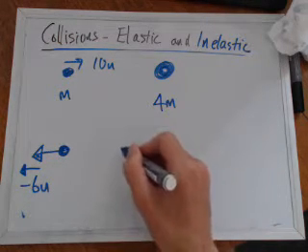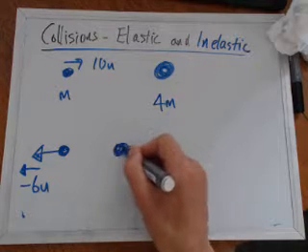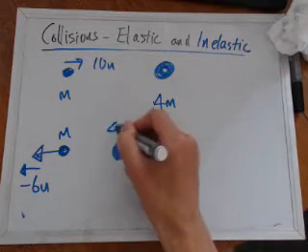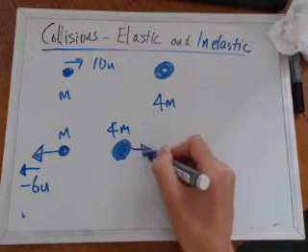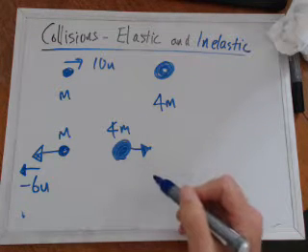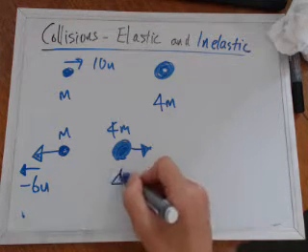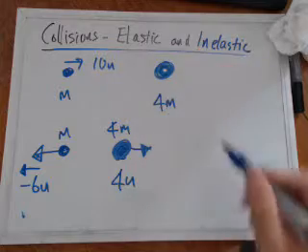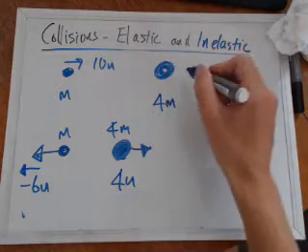And the helium, so this is still mass m, and the 4m helium moves in the positive direction at a velocity of 4u. So there you go. Now let's look at the kinetic energy before and after.